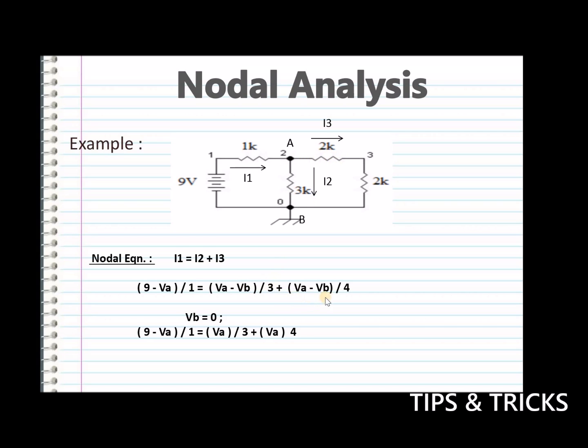And I3 will be (VA minus VB) divided by 4. Why 4? As 2 and 2 are in series. So according to KCL, I1 is equal to I2 plus I3. Now VB is nothing but 0. So the final equation comes out like this. Now we have to solve this equation to get the unknown elements.